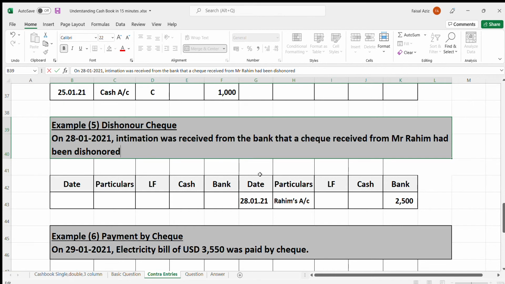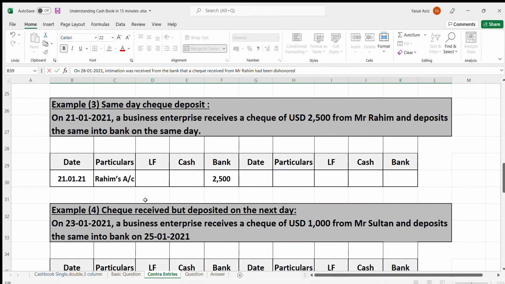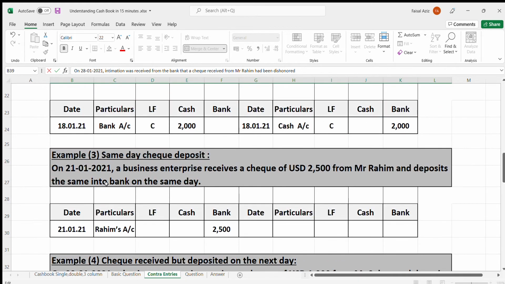As you can see, there is one previous transaction mentioned in example 3, that the business enterprise received a check of 2500 from Mr. Rahim and it was deposited the same day into the bank.